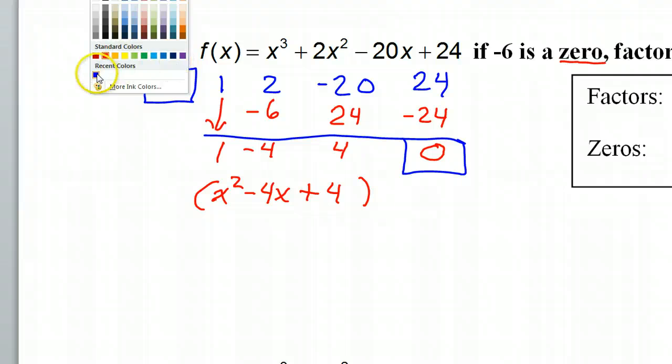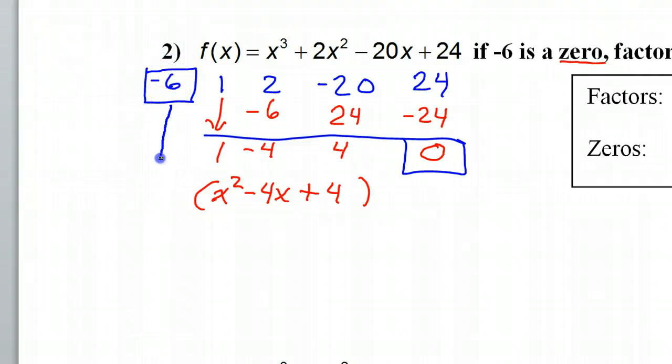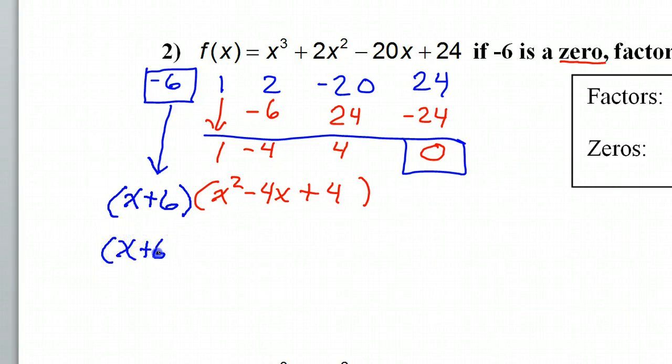And this negative 6 is going to give us another factor. This minus 6 comes from a factor of x plus 6. So this is what I have so far, but we shall keep going. So I will keep the x plus 6, but I will try to continue to factor the red trinomial.